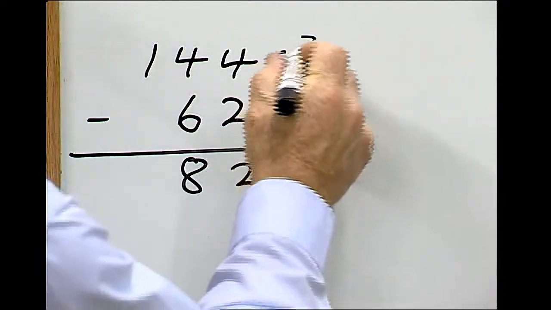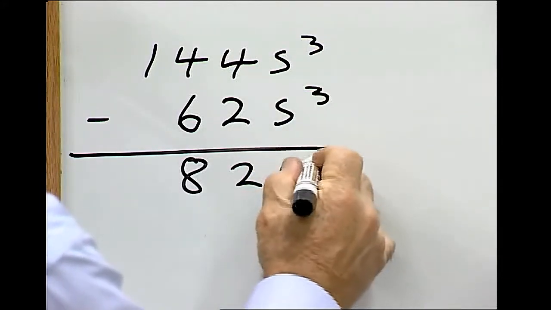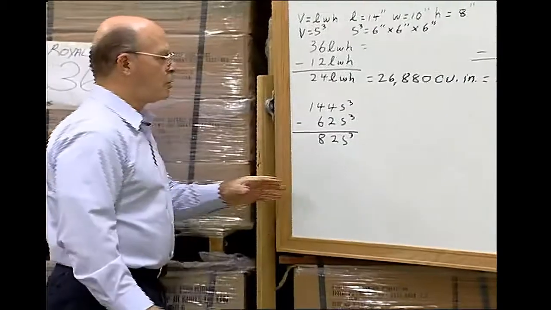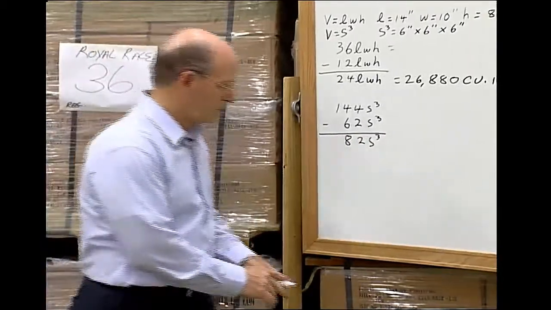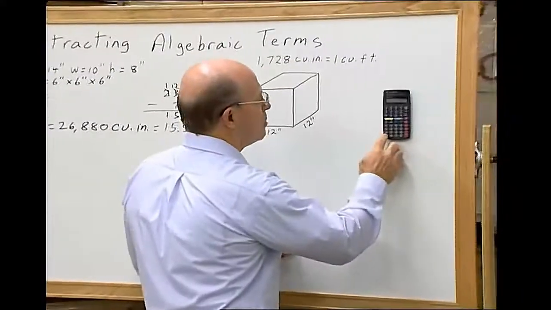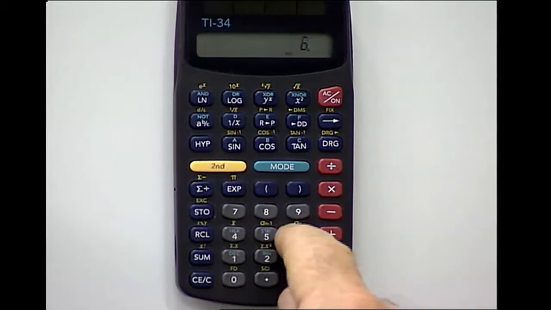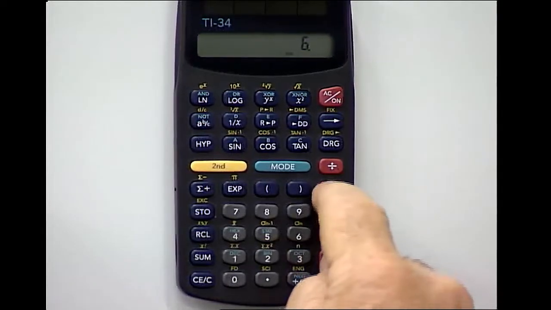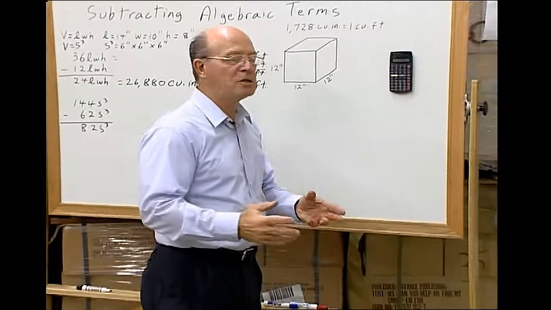And we just take the variables or the letters here and the exponent, and we just bring that down. Let's do the math on this. Clear the calculator. 82 times 6 times 6 times 6 equals 17,712 cubic inches.